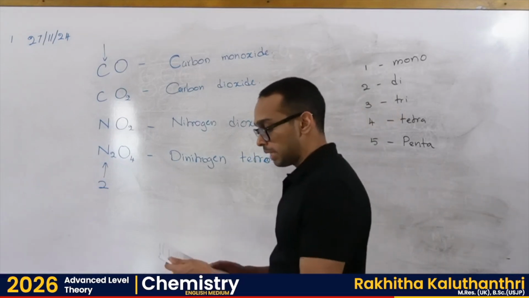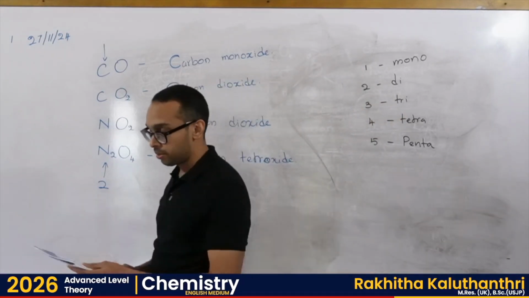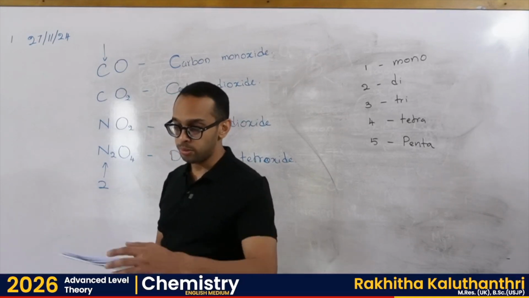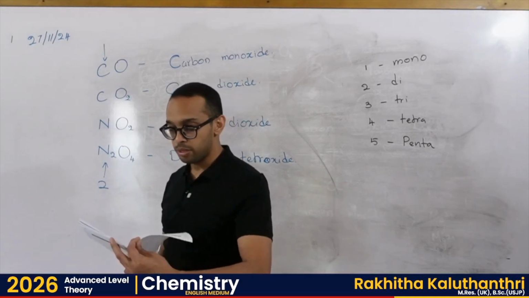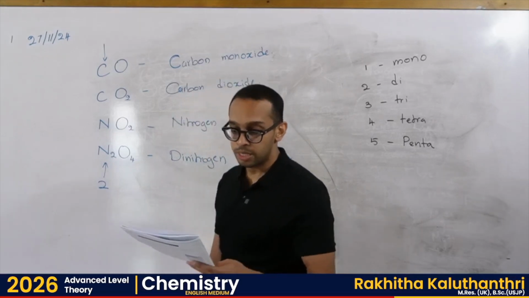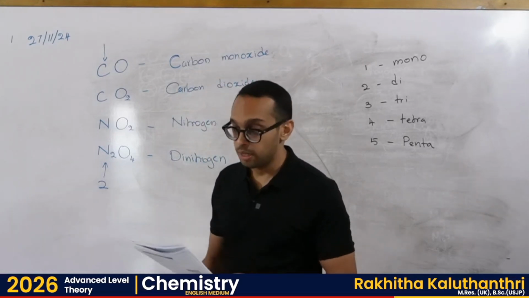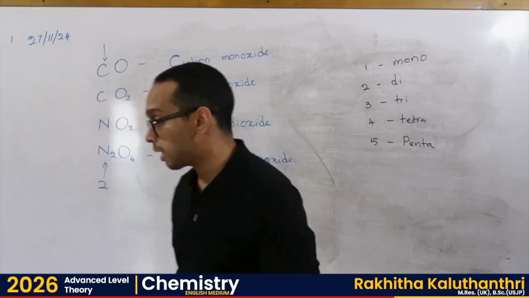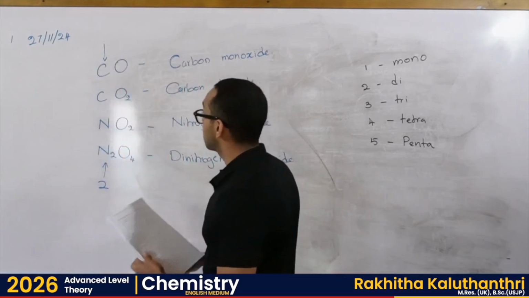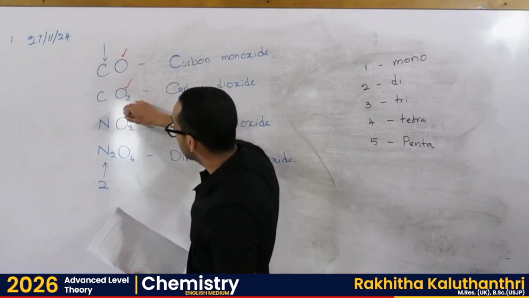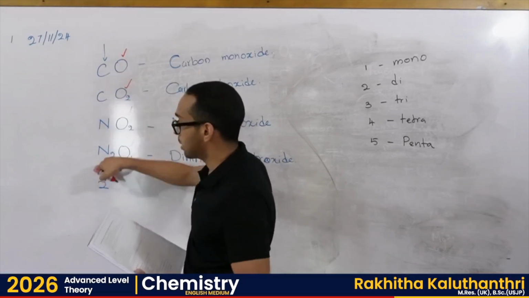Summary of rules for writing names of simple covalent compounds. Take a look at the summary of the rules and I will explain them further. First one, less electronegative element comes first. If you take a look at all of these compounds, oxygen is more electronegative and the other one is less electronegative.